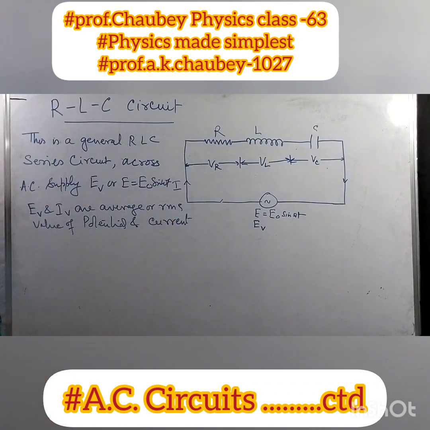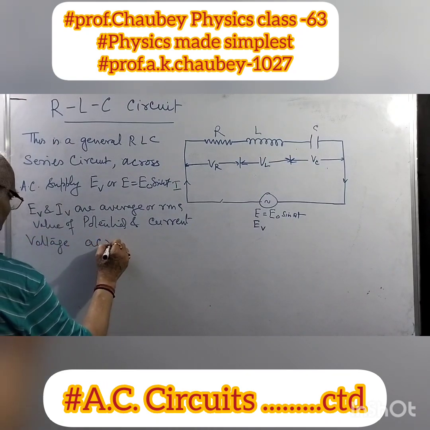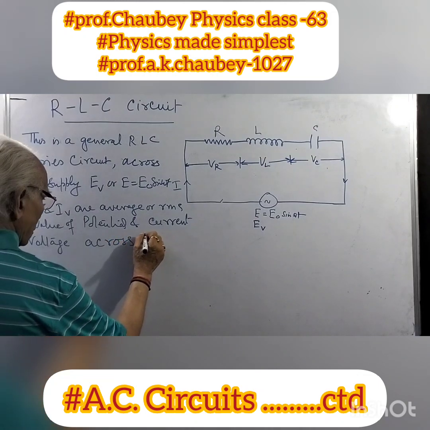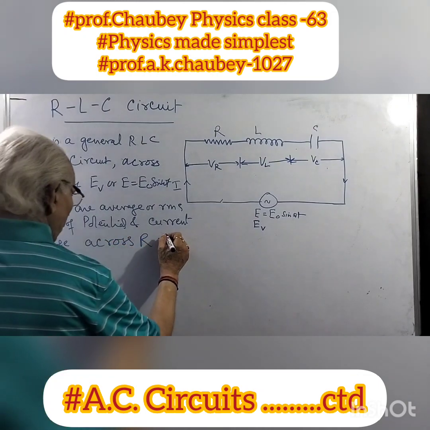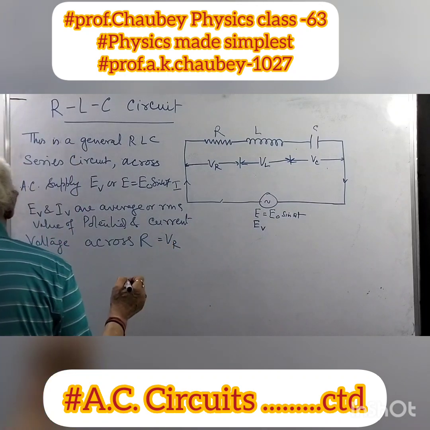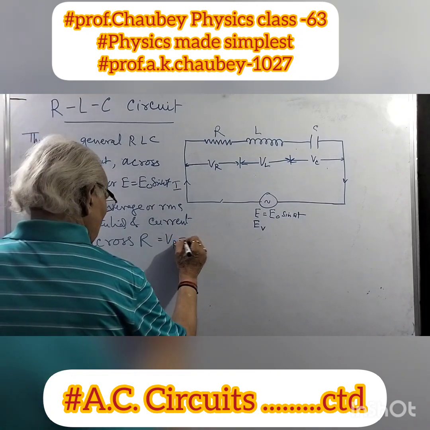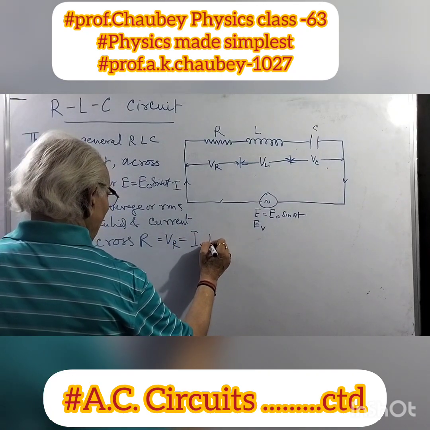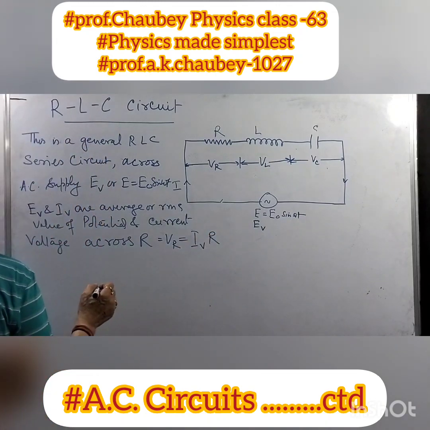Now what we do? The voltage across R is VR equal to IV R, that is the RMS value of the current.